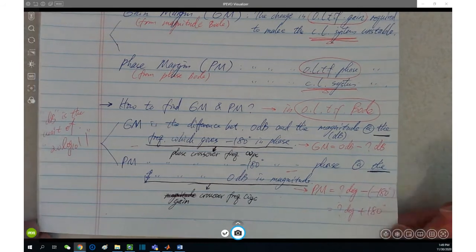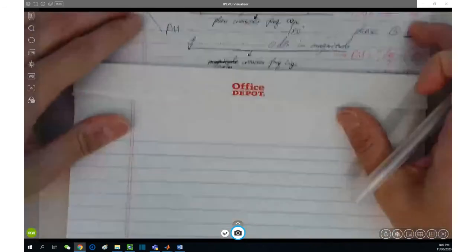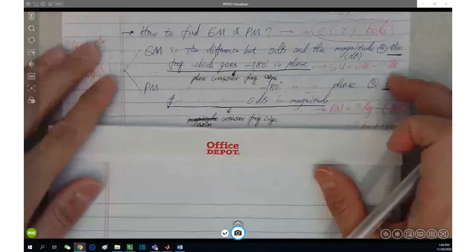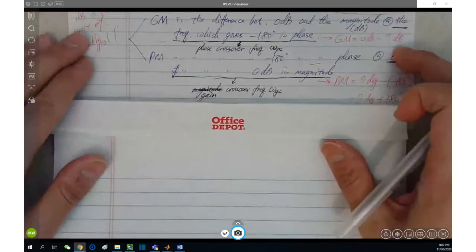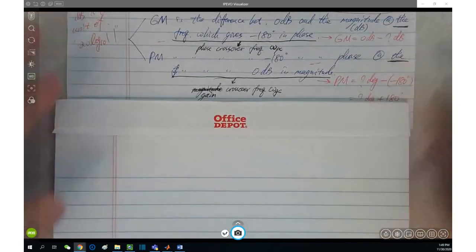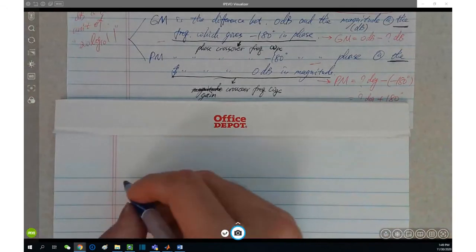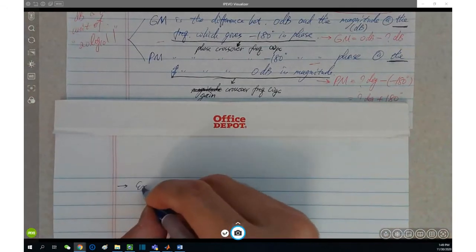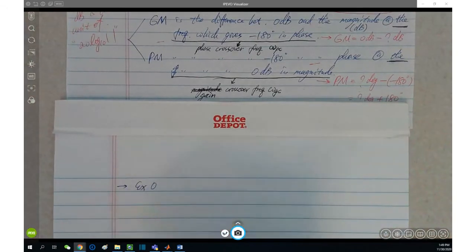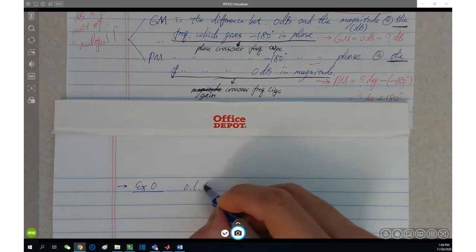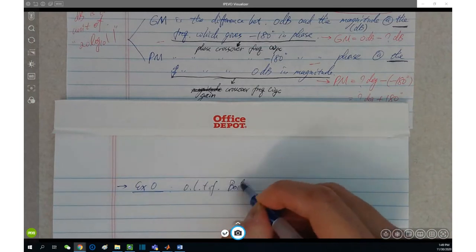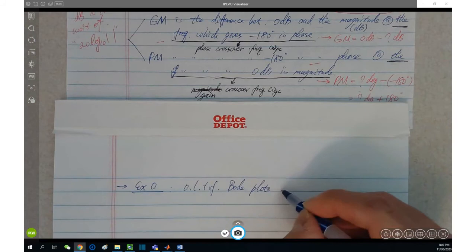This is the GM and PM concept, and by using it, let's do a very small example here. I list this page here, and let's try a very small example. I call it example 0. So imagine we have open loop transfer function Bode plots given below.